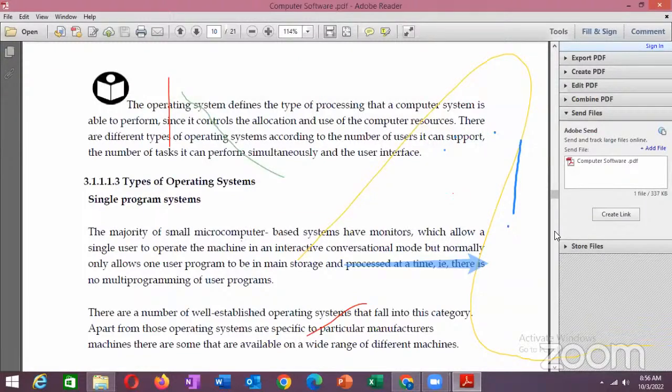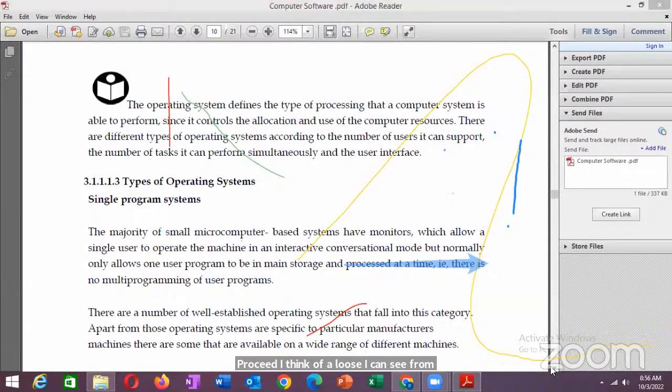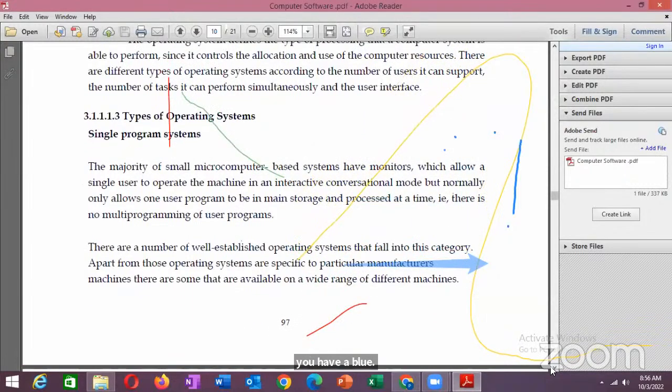So we can proceed. I think you have a clue. So I can see from the answers you have a clue. So the majority of small micro-based systems have monitors which allow a single user to operate the machine in an interactive conversational mode, but normally only allow one user program to be in main storage at a time, i.e. there is no multi-programming of user programs.